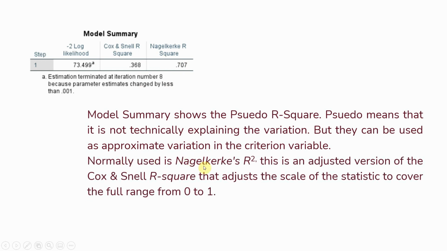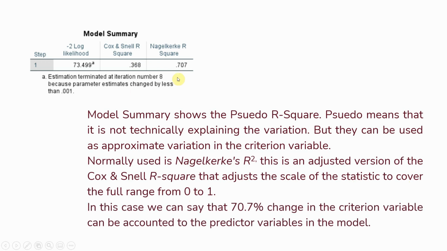Nagelkerke's R-square is an adjusted version of the Cox and Snell R-square, this one here, that adjusts the scale of the statistic to cover the full range between 0 and 1. In this case, 70.7% change in the criterion variable can be accounted for by the predictor variables.